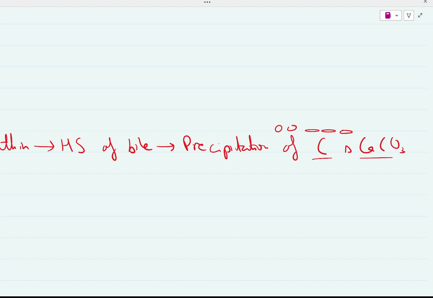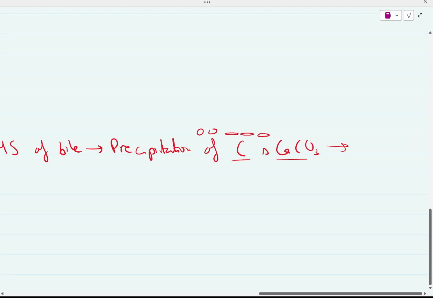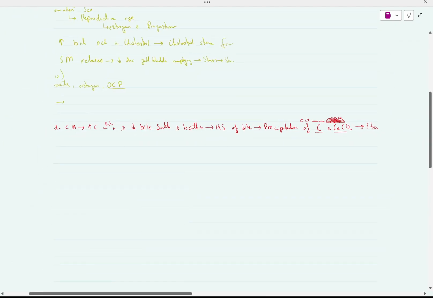When there is formation of cholesterol and calcium carbonate precipitates, it leads to formation of stones. These precipitates link together and form bonds and form stones, in a very simple way. So that's how there is a formation of cholesterol stone.